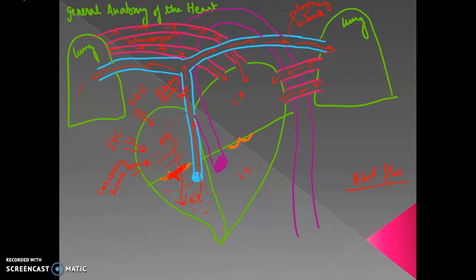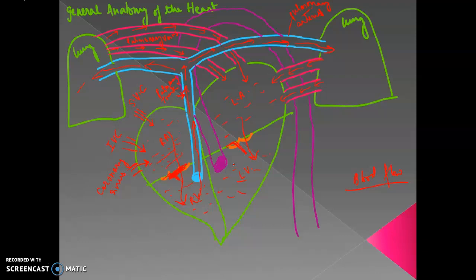Very similar thing. As more and more blood fills up the left atrium, obviously pressure builds up. Due to the high pressure, the bicuspid valve is forced open, so bicuspid opens up, and blood from the left atrium rushes into the left ventricle. As more and more blood fills up the left ventricle, pressure builds up and two things happen again.